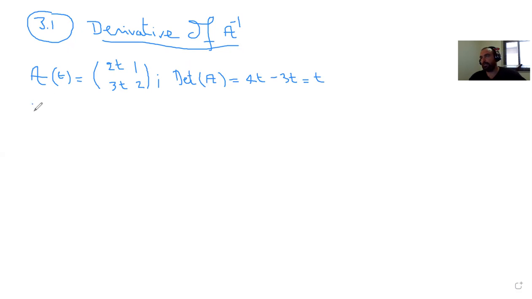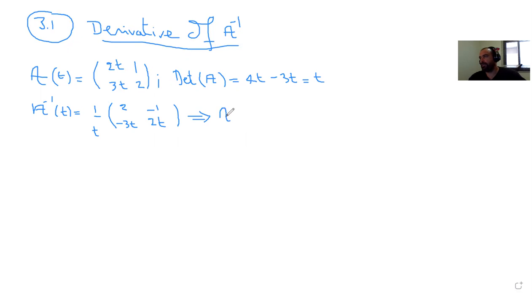Basically, you can get A inverse immediately, okay? It's going to be equal to 1 over t, and I'm going to have 2 here, 2t here, minus 1 here, and minus 3t here, okay? So this is the A inverse of t, which means I could have answered the question if the question was only about getting the derivative of A inverse.